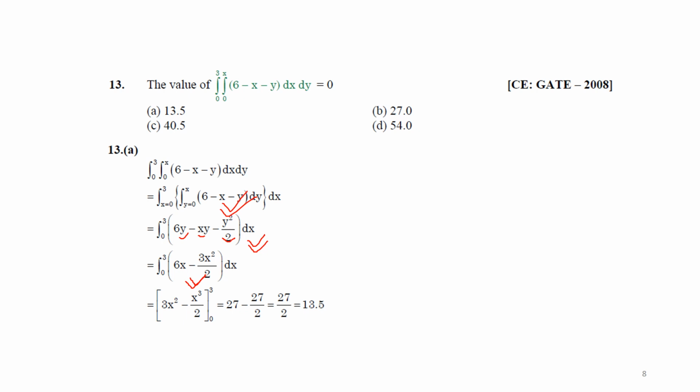If you simplify this, you'll get 3x square minus x cube by 2, and you put the limit from 0 to 3, and after you simplify, you'll get 13.5. So the answer is A. This is not 0. So simple integration: first integrate with respect to y, put the limit, simplify, and again integrate with respect to x, put the limit, simplify, and you'll get the answer.